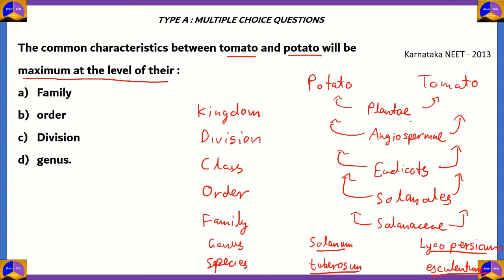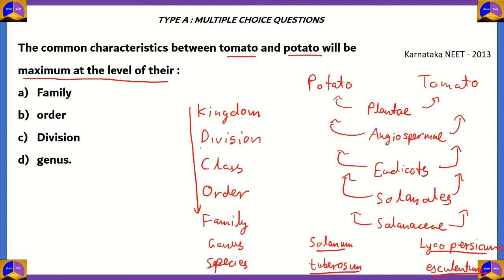So, as you can see, for both potato and tomato, they belong to kingdom Plantae, division Angiospermae, class Eudicots, order Solanales, and family Solanaceae. So they belong to the same family, and when you look at common characteristics between any two plants, the common characteristics become maximum as they move down along the taxonomic categories.